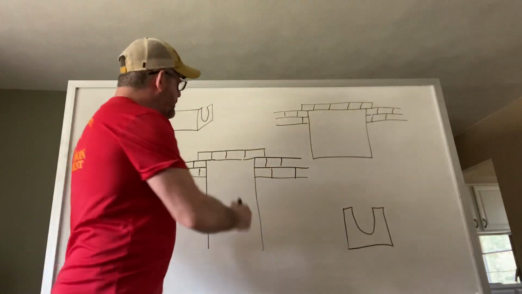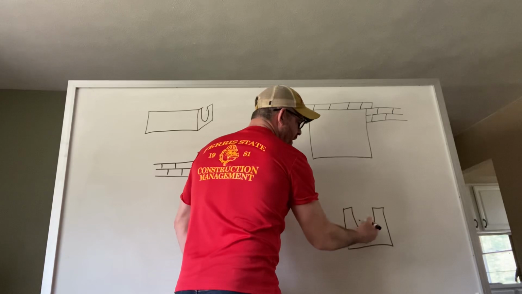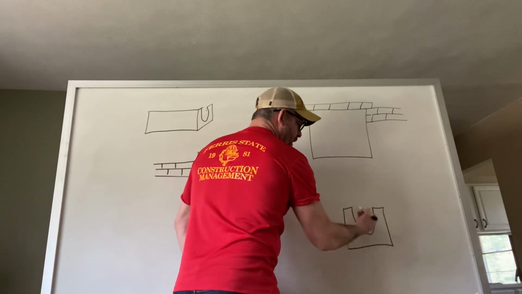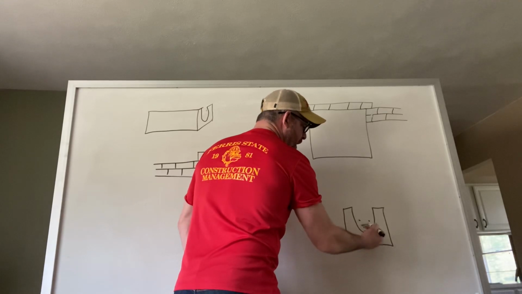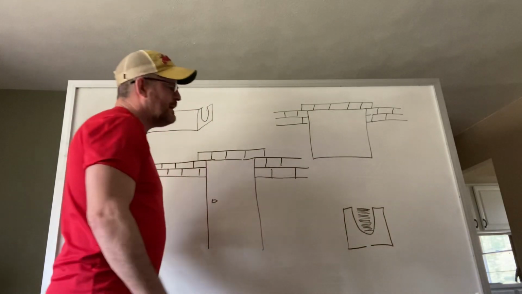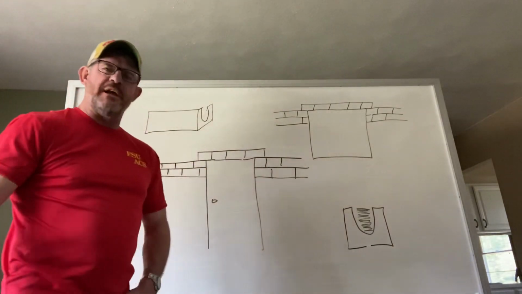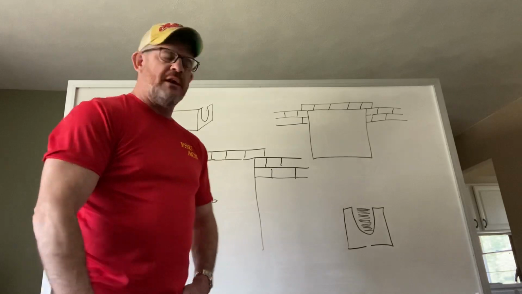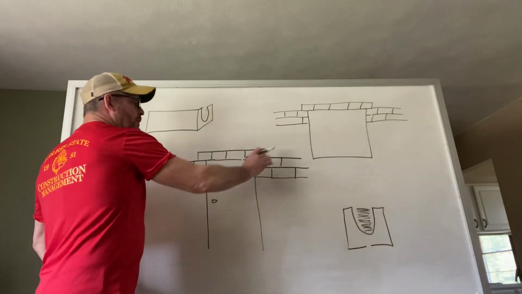So I would place those block over this opening. I would put rebar in that part of the block, and then I would pour grout inside of that lintel block. Once that grout hardened, I would have the same thing as a precast beam or a steel beam, a solid member that goes all the way across that opening.